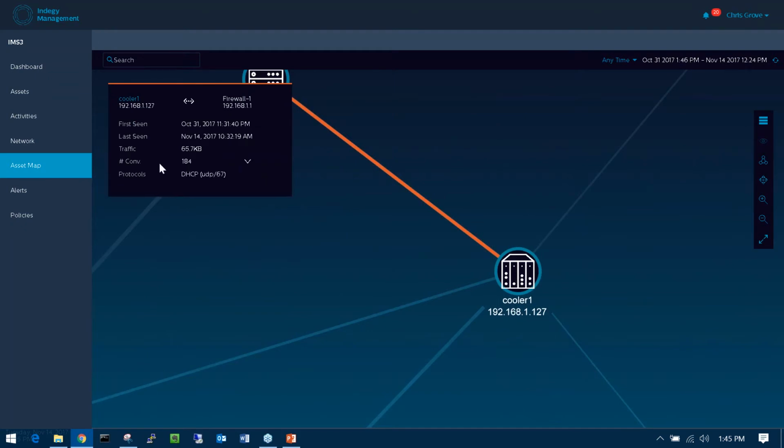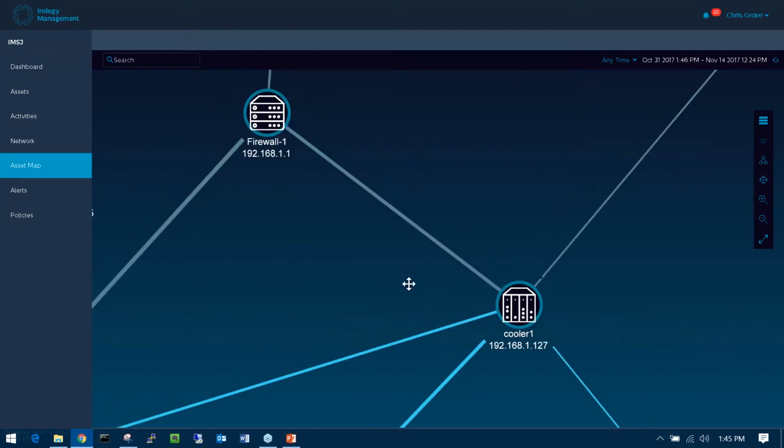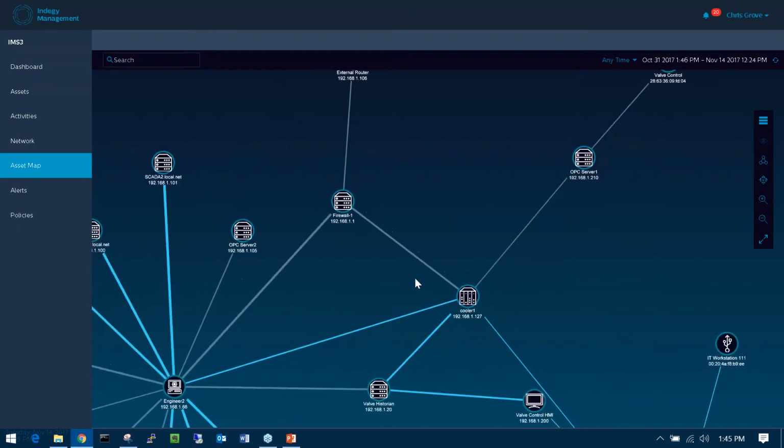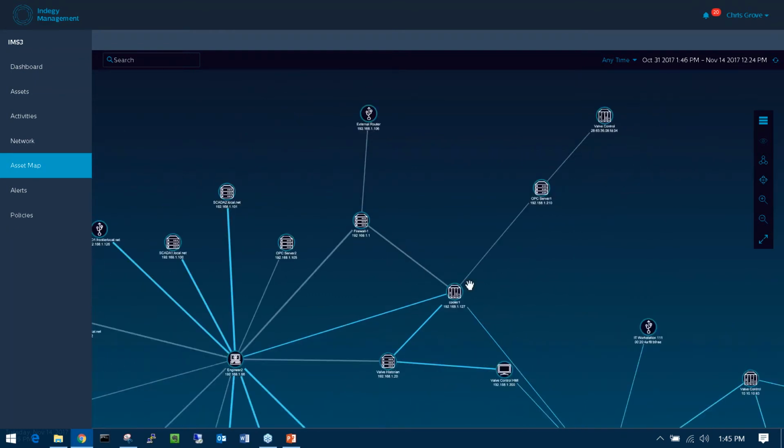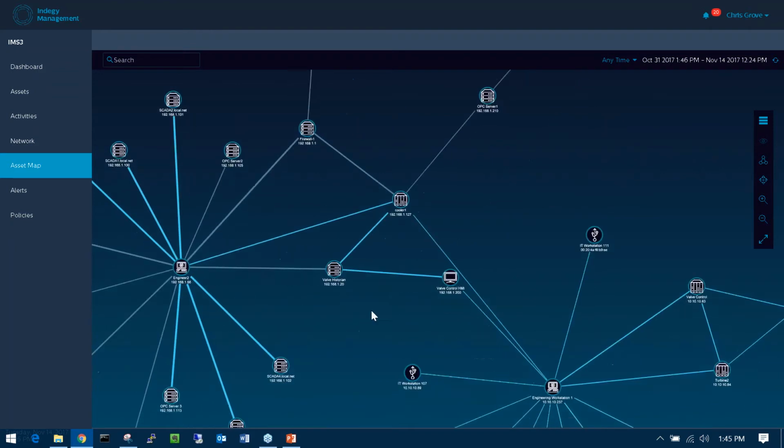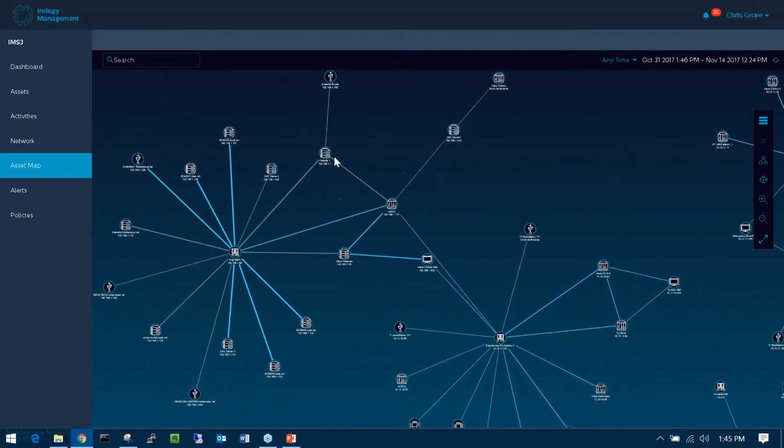In this case, I have DHCP, which is when a new device comes on the network and you don't have a pre-configured address, it goes and gets the address from its gateway. I shouldn't have that running in my industrial environment, and I also shouldn't have my cooler able to directly access the internet, getting an IP from there. So I definitely have some odd things to look at from a network configuration standpoint.